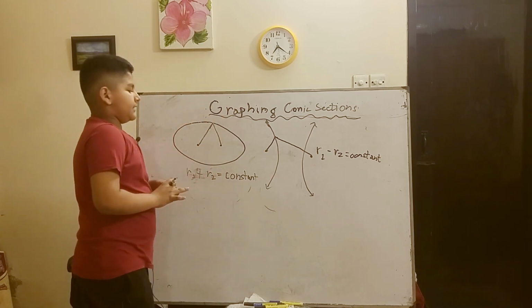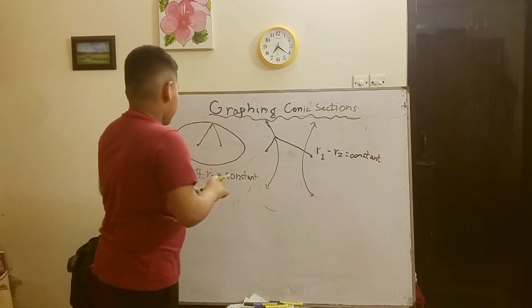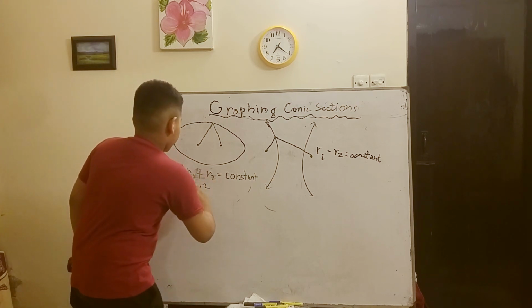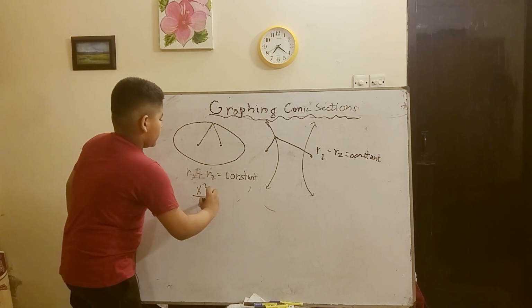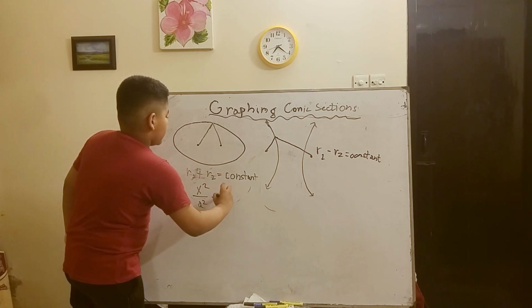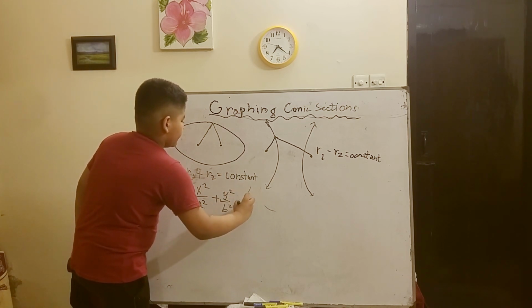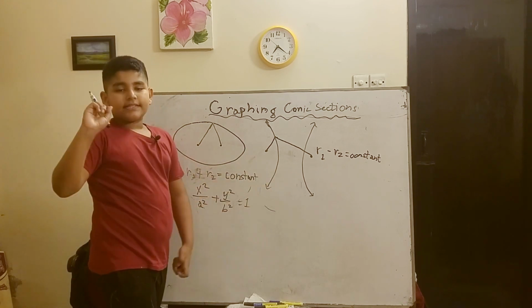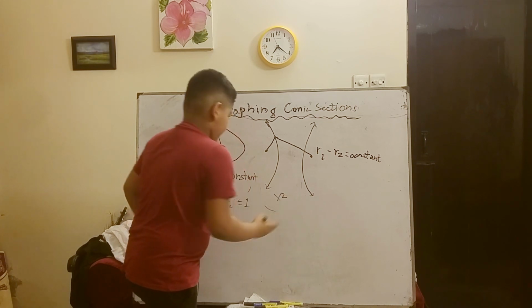So basically, this will have a very close equation to an ellipse. An ellipse's equation would have x squared over a squared plus y squared over b squared equals 1. This hyperbola has the same equation, but has differences.